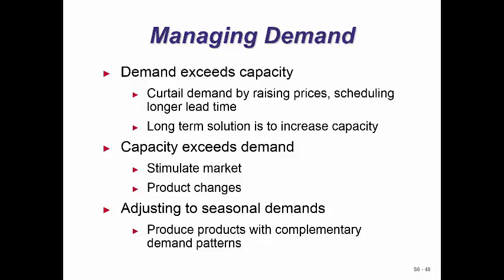They're either going to feel like they're gouged or they're waiting too long for the product, so that's not necessarily going to work. Capacity exceeds demand. Stimulate the market, so sales, or improve the product. Obviously, you should always improve the product regardless. And adjusting the seasonal demands, this notion of complementary products. Ideal when you can work it out.